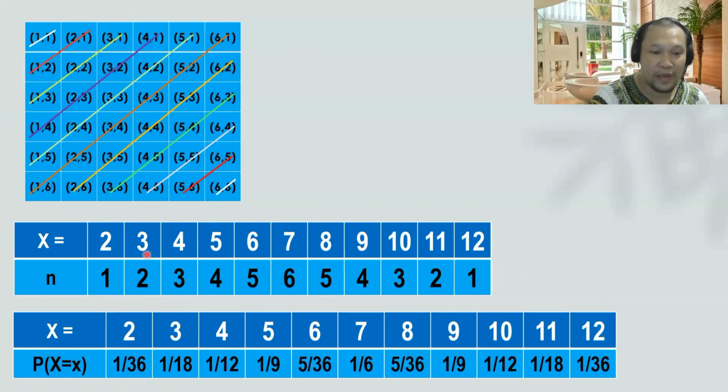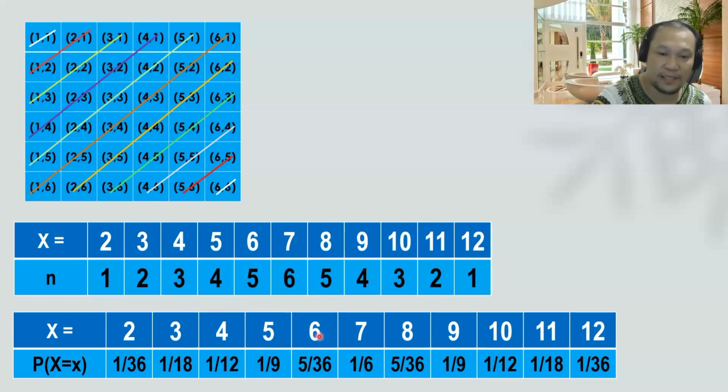For 3, we have 2 over 36 or simply 1 over 18. For 4, we have 3 over 36 or simply 1 over 12. Next, for 5, we have 4 over 36, but it is divisible by 4, therefore we have 1 over 9.